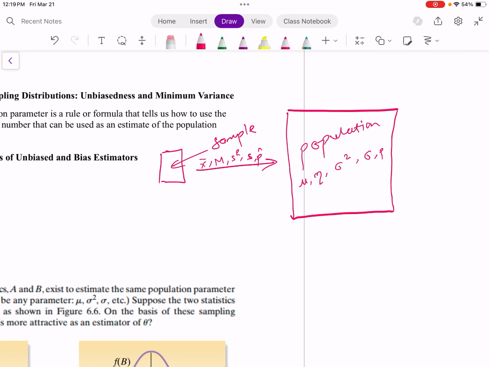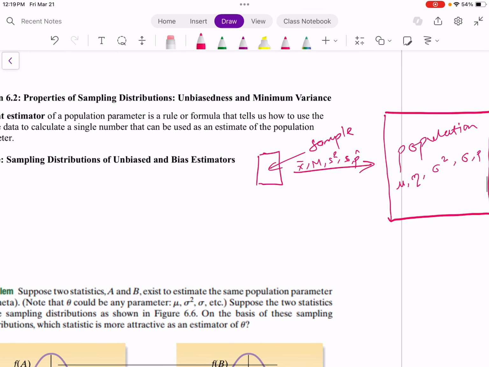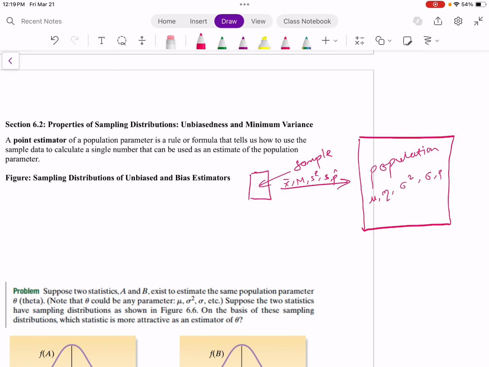Now this rule or process, we call a point estimator, okay? So a point estimator is a rule, or it can be a formula, that tells us how to use sample data to calculate a single number. Calculating a single number means calculating X bar, median, S square, S, p hat, and that can be used as an estimate of a population parameter.